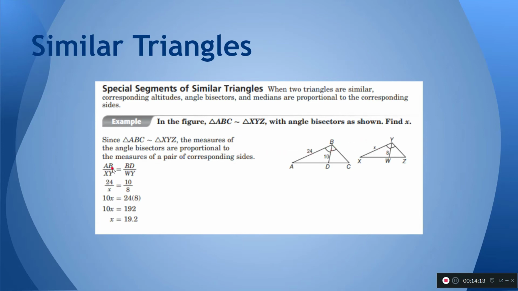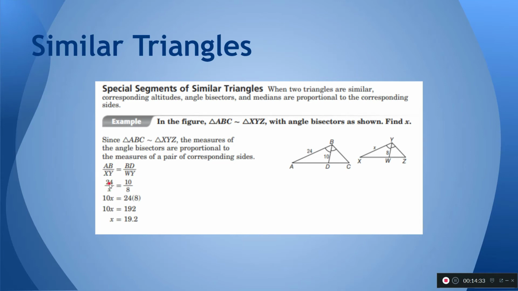Now when we fill in the actual numbers that we're given, we have 24 over x, because that's the side we're looking for, and 10 for BD over 8 for WY here. So once we've got that, once again, it's the same process, the same steps.